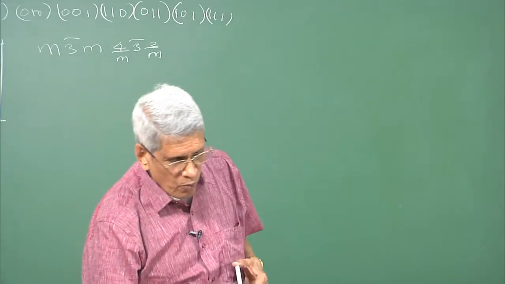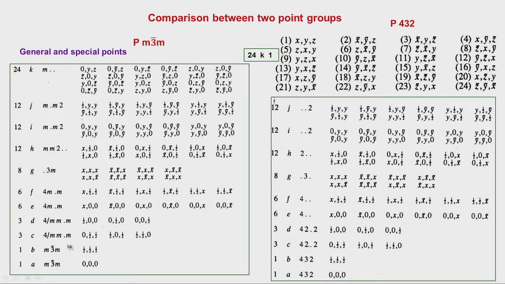If you see here, all these Wyckoff positions up to a certain point remain the same, identical, because it's a simple cubic unit cell that you try to fill up, and these positions are all identical. So the symmetry it will exhibit is the maximum it can have.